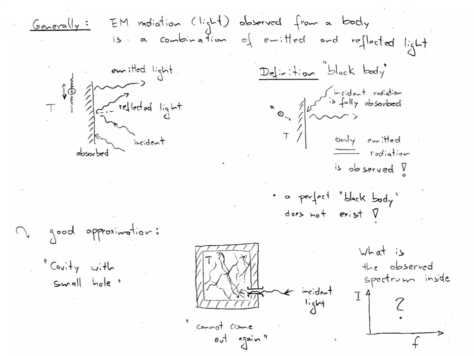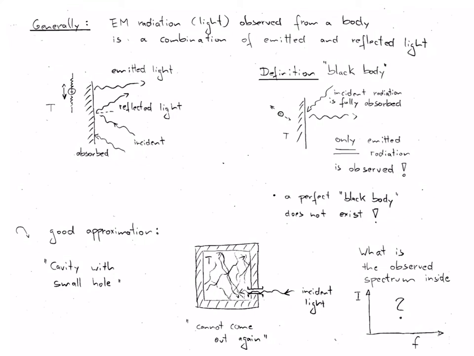It's due to the motion of a charge carrier inside that creates an electromagnetic wave. Reflection does not take place. A black body may thus be defined as an object which fully absorbs all incident radiation, and only emitted radiation is observed.